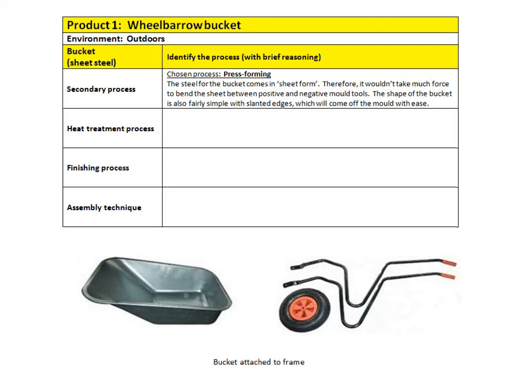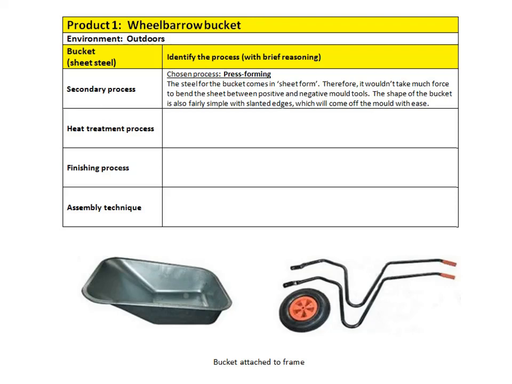Now I mentioned that the press forming will stress the atomic structure. You'll remember that from assignment 1. So basically we're going to need a heat treatment process which solves this. So I think you know which one I'm going to go for, the annealing process.